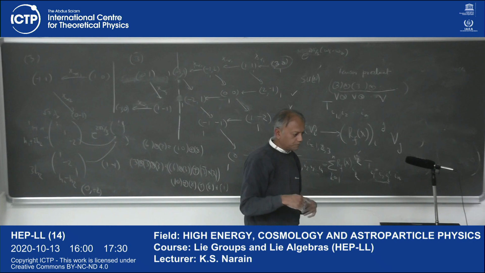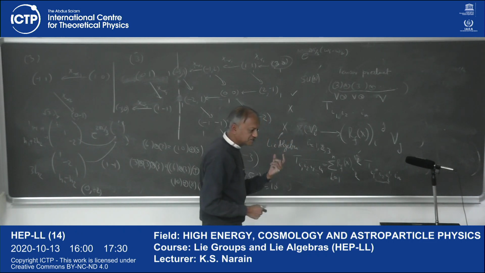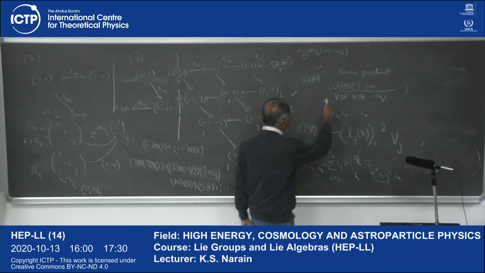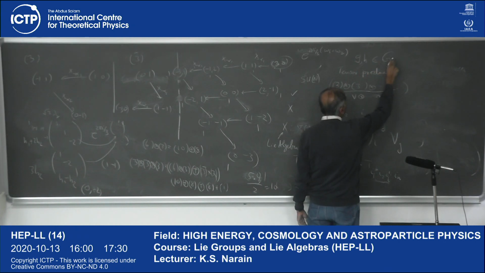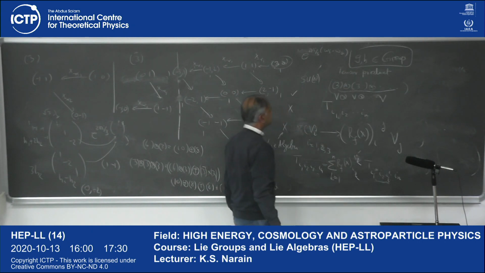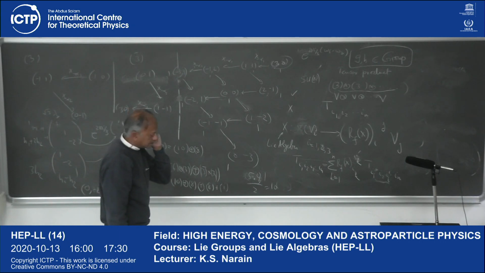And when I want to write a group element, I will use the symbol G, or H, etc. These belong to the group. And when I use capital X or similar, I mean Lie algebra elements.